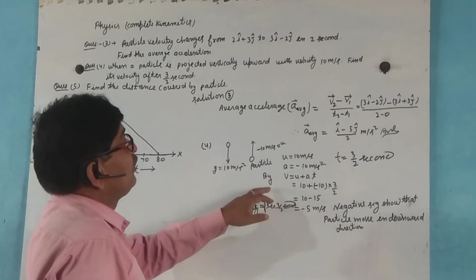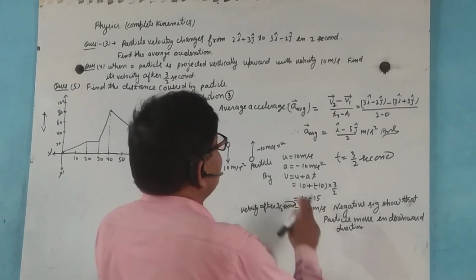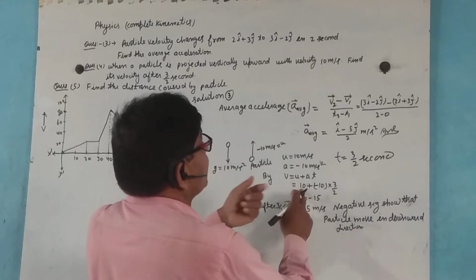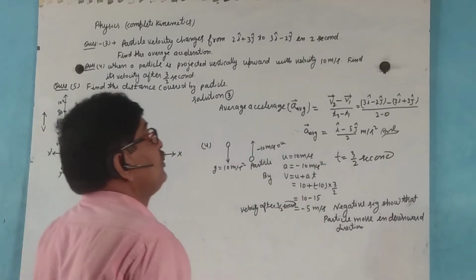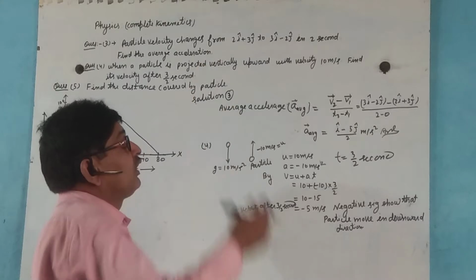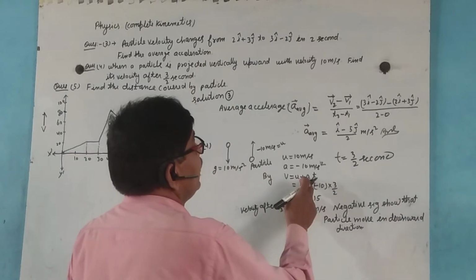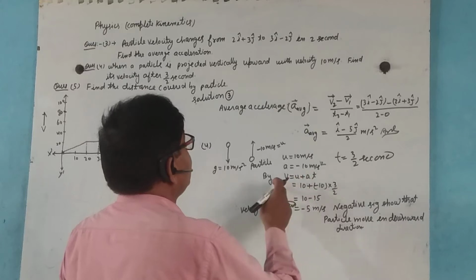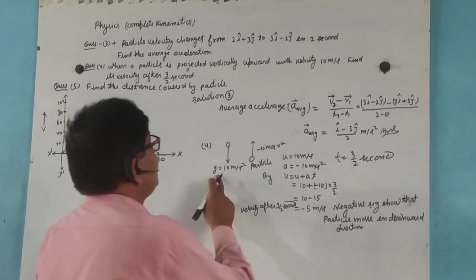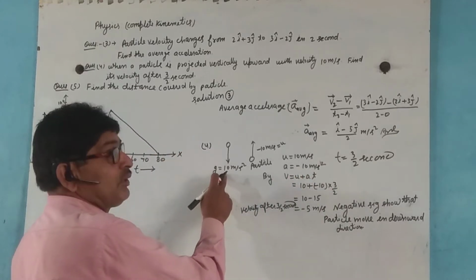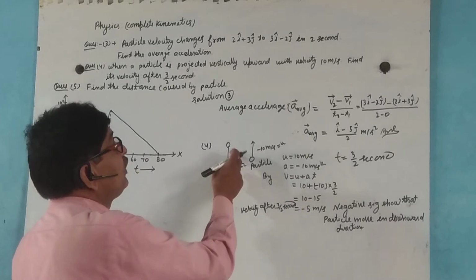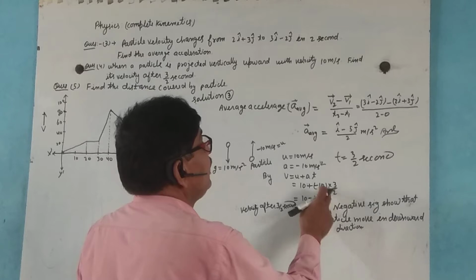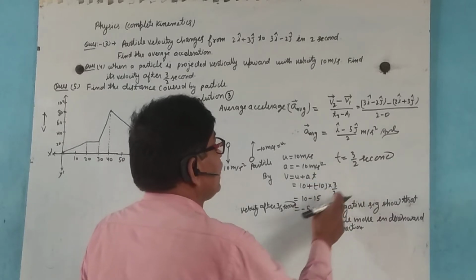Velocity after 3 by 2 seconds: u is equal to 10 meter per second, because the particle is projected vertically upward, plus a, which is minus 10 meter per second square, since the force of gravity is downward, into t equal to 3 by 2 seconds.